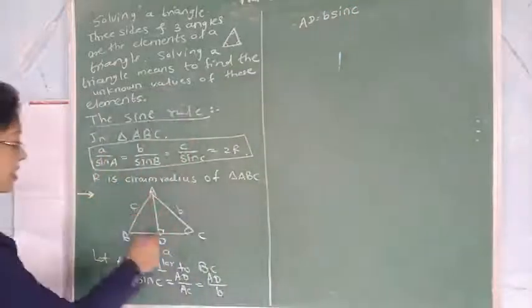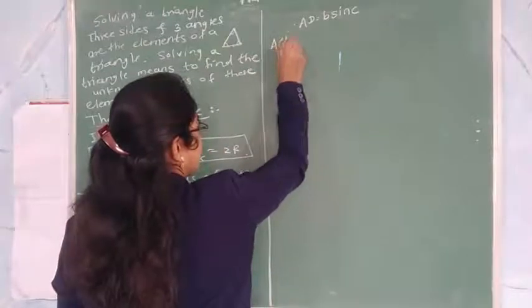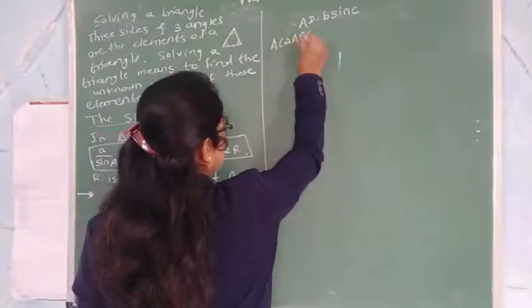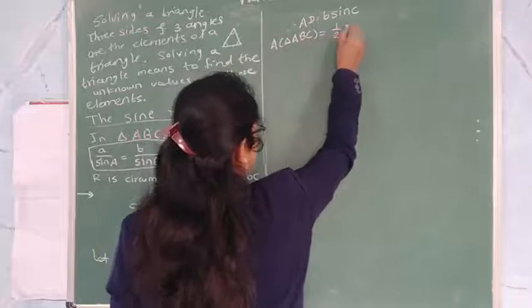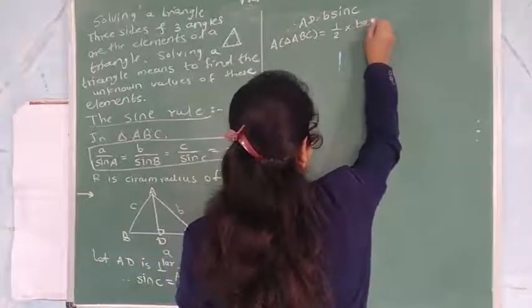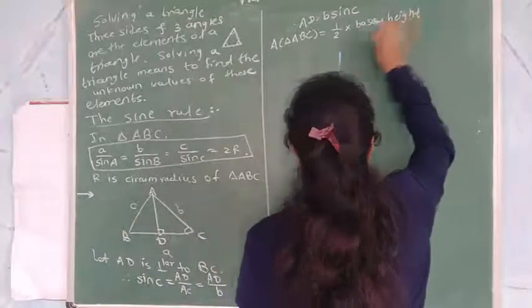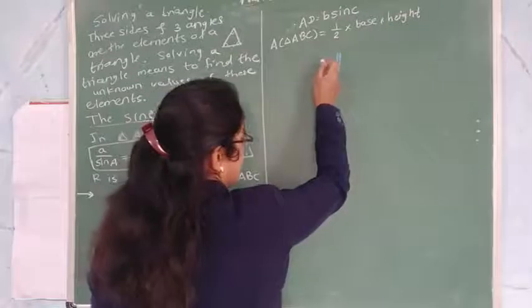The area of triangle ABC is 1 by 2 base into height.